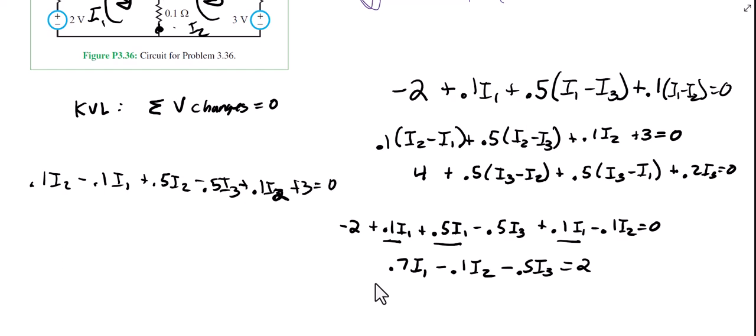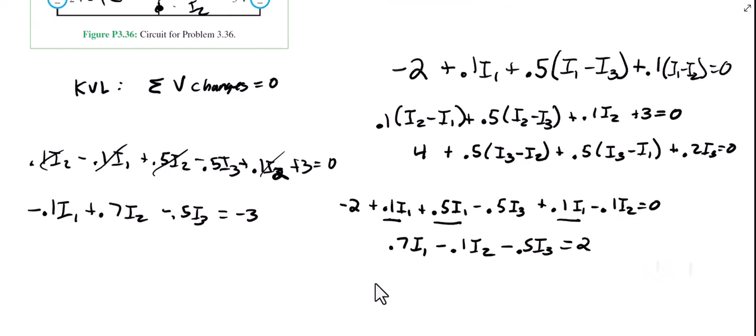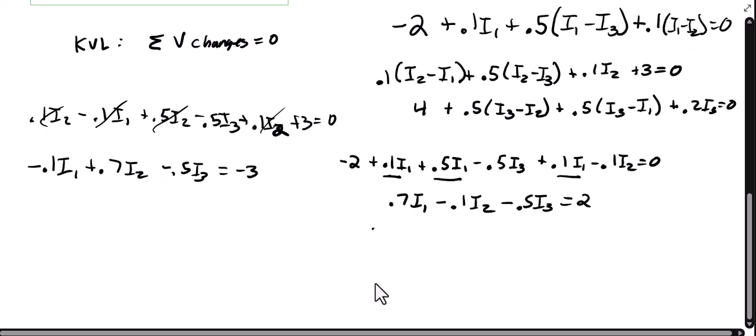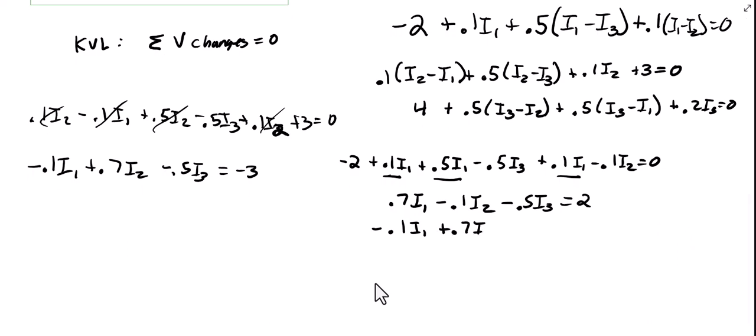So let's see, I have minus 0.1 I1, and then I have 0.1 I2, 0.5 I2, and 0.1 I2, so that's plus 0.7 I2, and minus 0.5 I3 equals -3. So I'll just write that equation underneath this one. Minus 0.1 I1 plus 0.7 I2 minus 0.5 I3 equals -3.